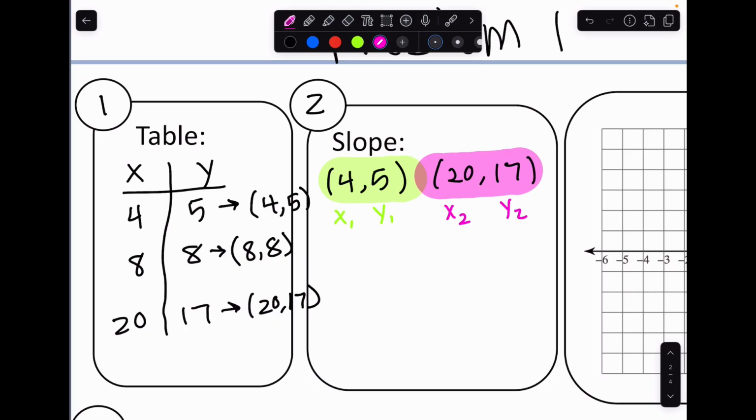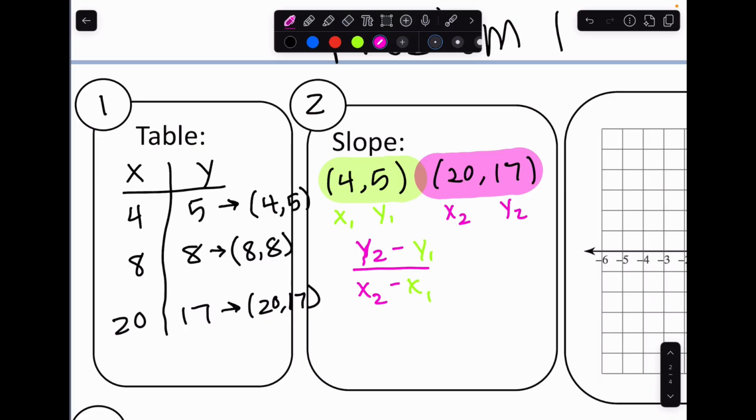Okay, now that I've chosen this, we know that our slope formula is y2 minus y1 over x2 minus x1. So now we have to substitute and solve.